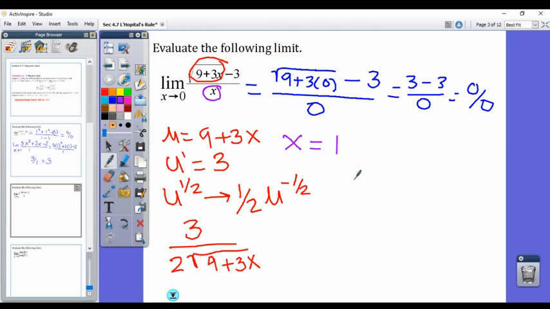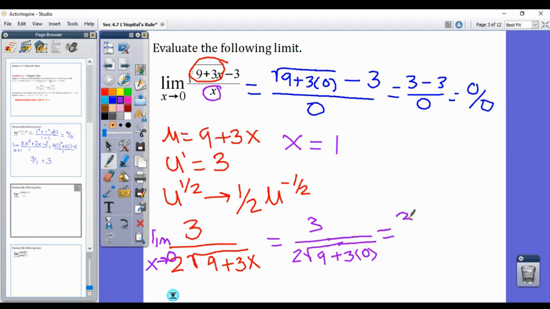All right, so now let's write all of that down. So this is my derivative of my numerator, and my derivative of my denominator is just going to be 1. So in essence, what I can do now is I can just take the limit of this as x goes to 0, and I'm going to end up with 3 over 2 times the square root of 9 plus 3 times 0.